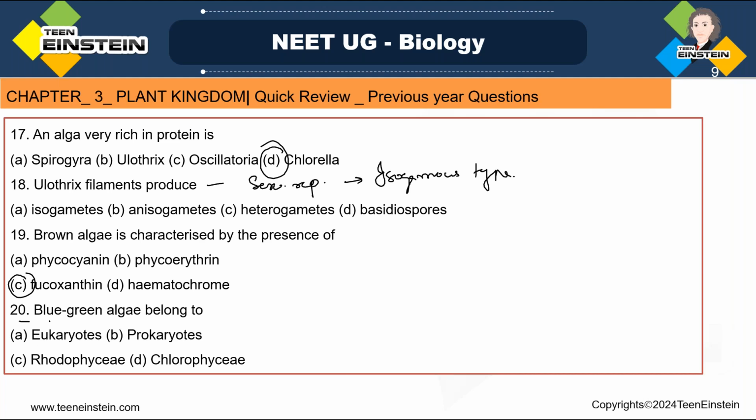Next, question number 20. Blue-green algae are eukaryotes or prokaryotes? Options are Rhodophyceae, Chlorophyceae, prokaryote.